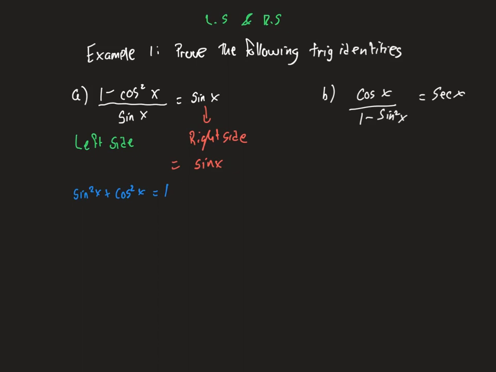I would take this cosine squared x and move it to the other side. So I would have sine squared x is equal to 1 minus cosine squared x. So this is just an aside here.